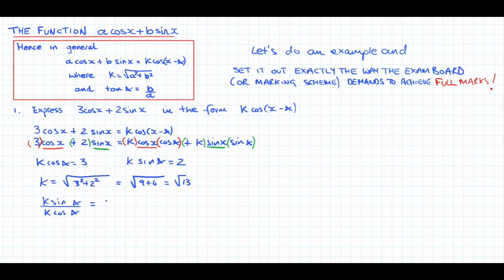K sine alpha we have there is 2. K cos alpha is equal to 3. And again, these are common factors, so we're left with sine alpha over cos alpha, which we know is tan alpha. So tan alpha is equal to 2 over 3. Again, they are all positive. It's in the first quadrant. So alpha is equal to the inverse tan of 2 divided by 3. And if you use your calculator this time, you'll find that alpha is equal to 33.7 degrees.